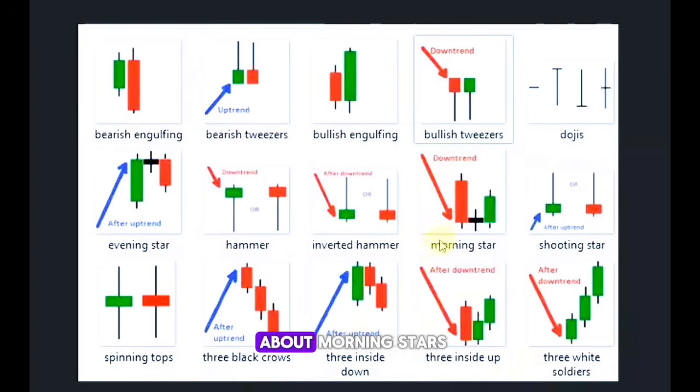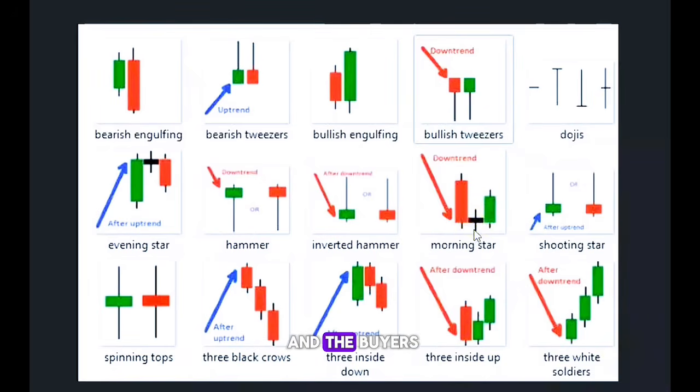Then when we talk about morning stars, they occur when the market is in a downtrend and at a particular point where you expect the market to reverse and change direction. If you look at this, this is a big bearish candle. And then after that there is a doji that occurred, showing an indecision in the market.